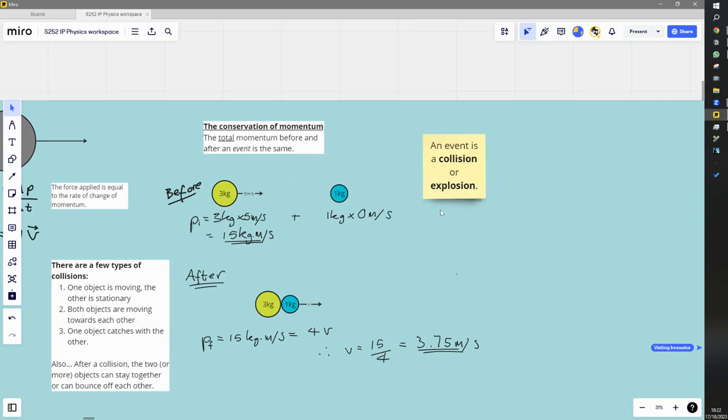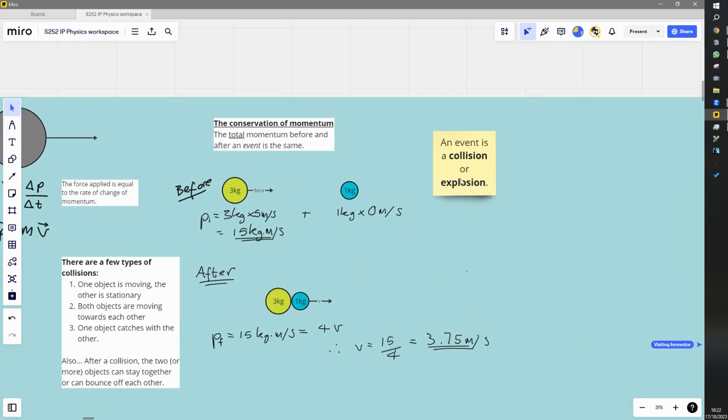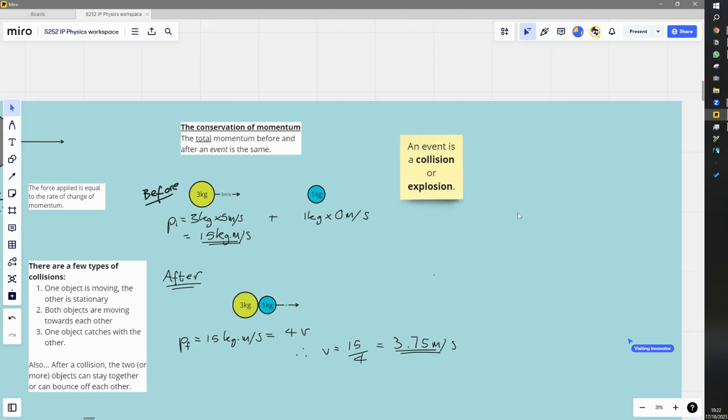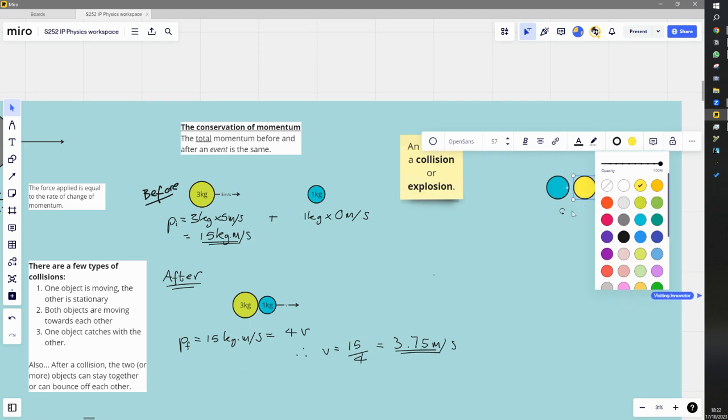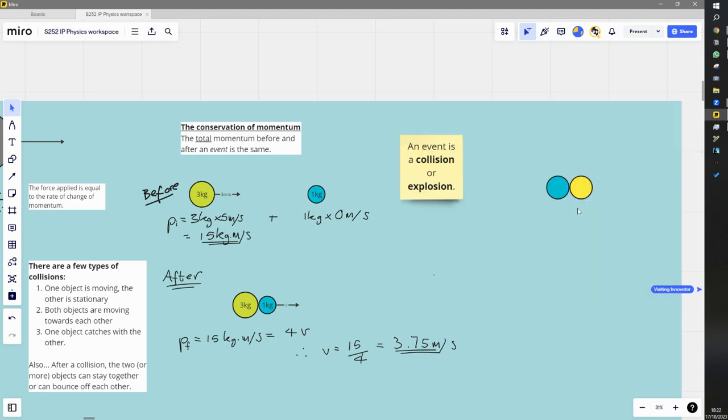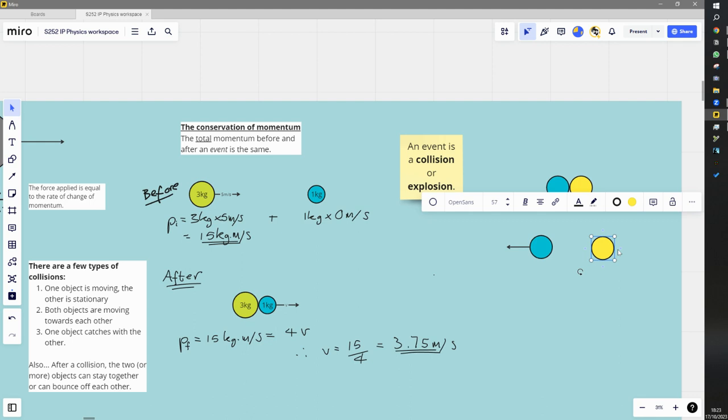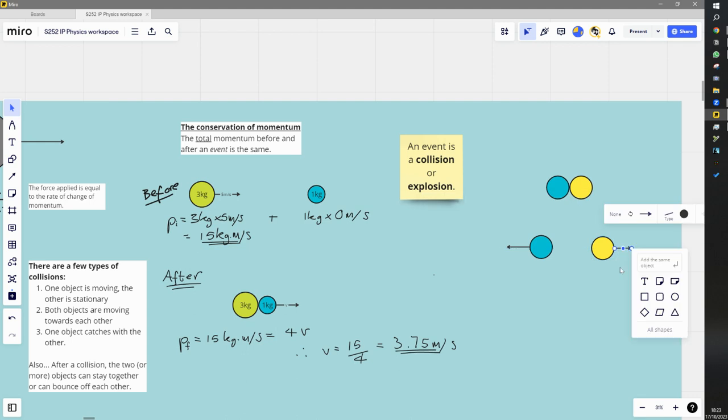When I say an event, like I said, it's not just a collision, it could be a collision or an explosion. So let's think about what an explosion is. Let's say we've got two objects touching one another, and after a short moment, they are moving away from each other. It doesn't have to be two, it could be more than two. This is an explosion.